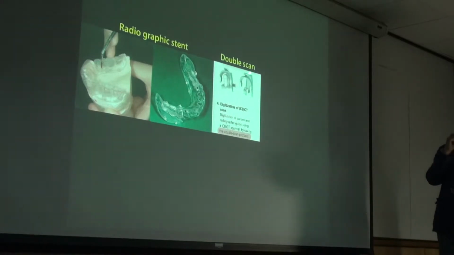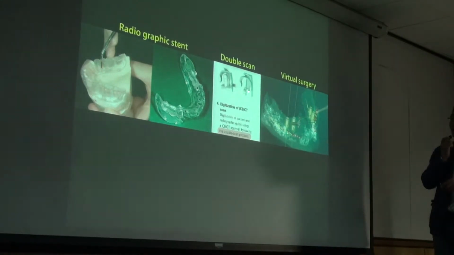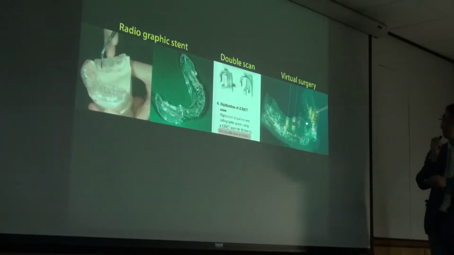They call this the double scan. It means they don't use the STL files, model scan or intraoral scan files. They only use the CT scan files. After that, they match this radiographic stent into the patient's mouth and then make the virtual surgery.